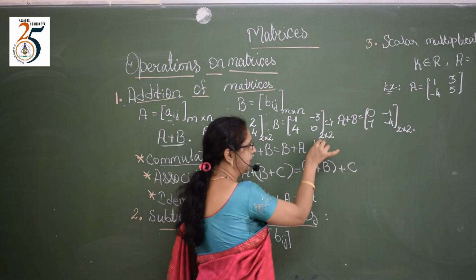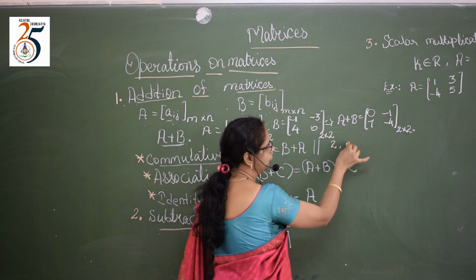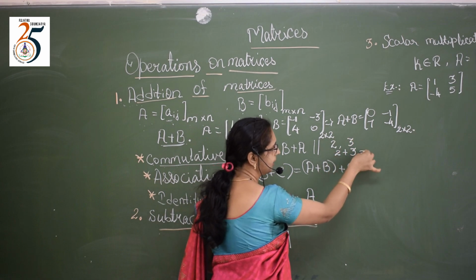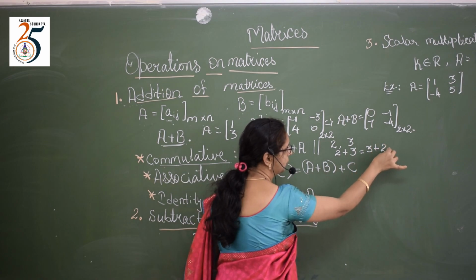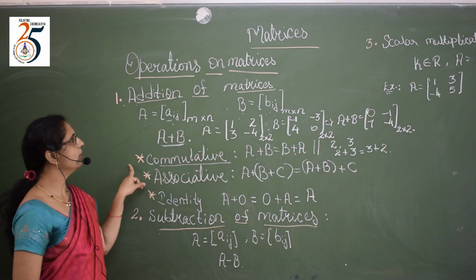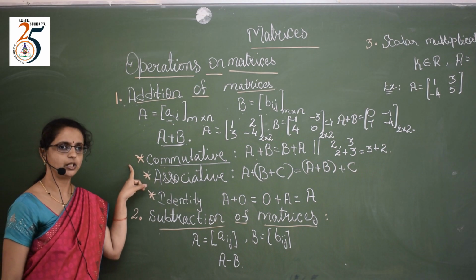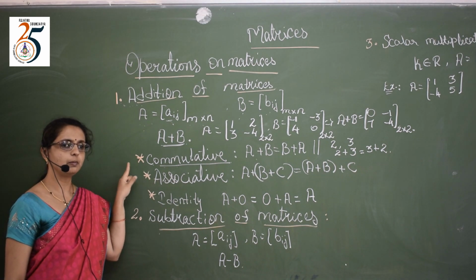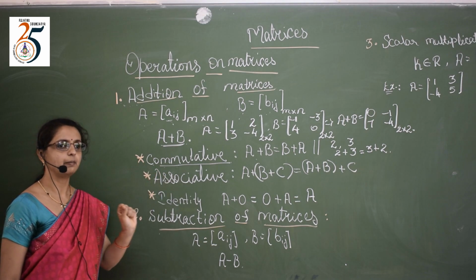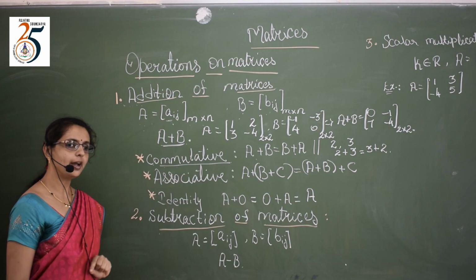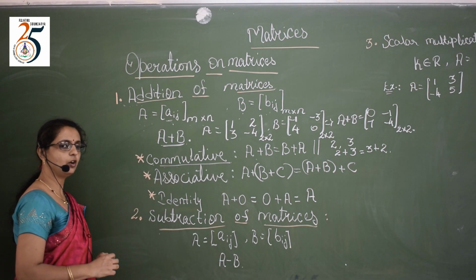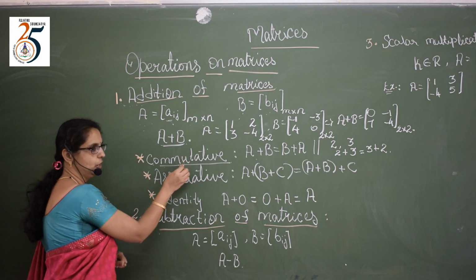For example, if I take two numbers 2 and 3, we all know that 2 plus 3 is the same as 3 plus 2. So with this we can conclude that addition of matrices is commutative. An important point to be remembered by students is that matrix addition satisfies the commutative law.